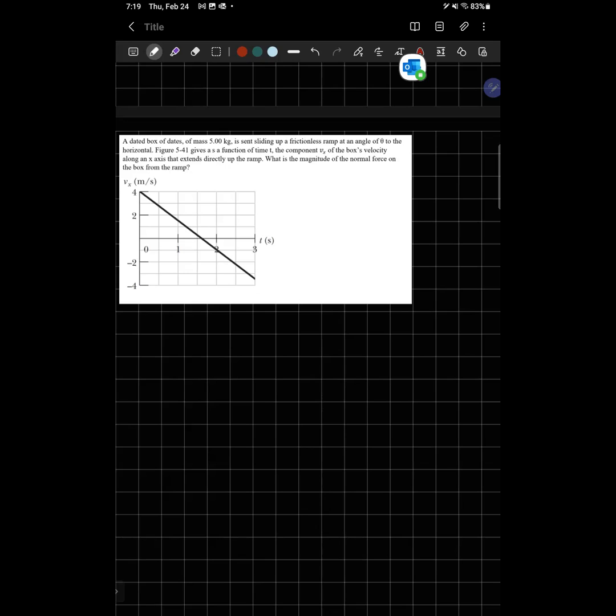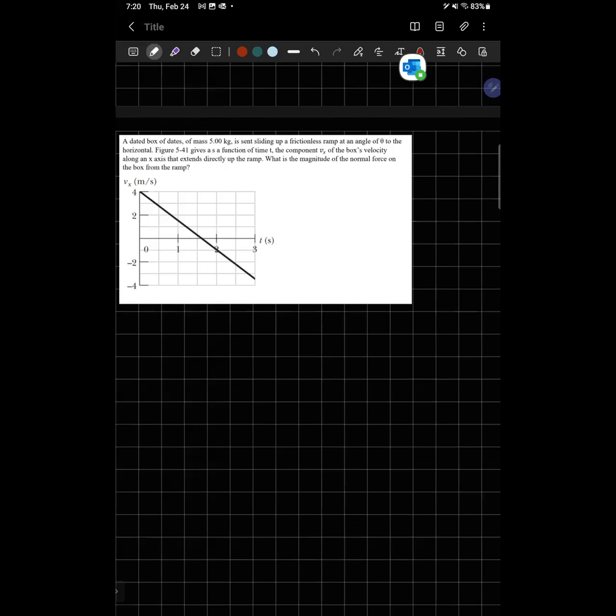It gives Vx as a function of time, the component. Okay. Now I know. So this is a function of time of your velocity in the x. What is the magnitude of the normal force? Okay. I am caught up.